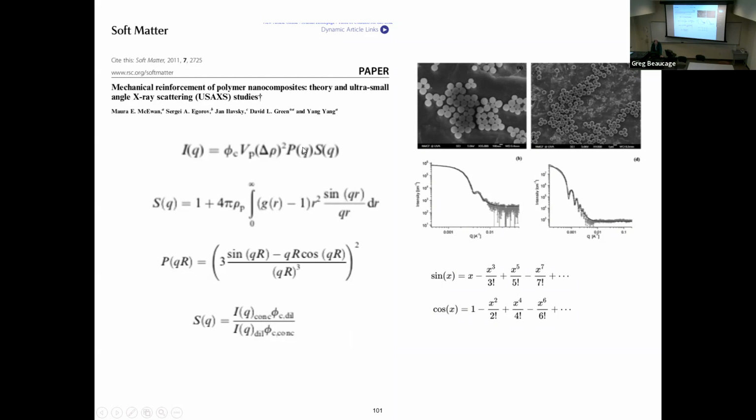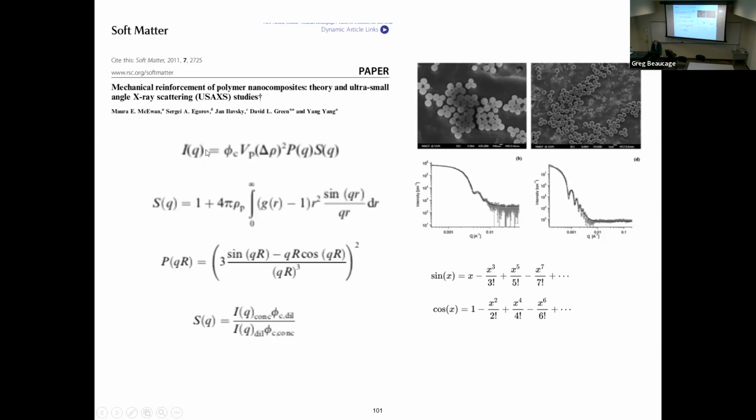So if you want to get this, you measure the intensity of your semi-dilute solution, so above C star, and then you measure the dilute to get the form factor. So you dilute out the spheres, you get the sphere function. Then you divide the I(Q) that you measure for the semi-dilute by the dilute, and then you can get just the structure factor.